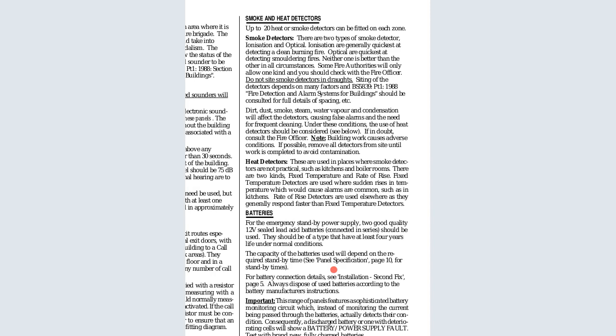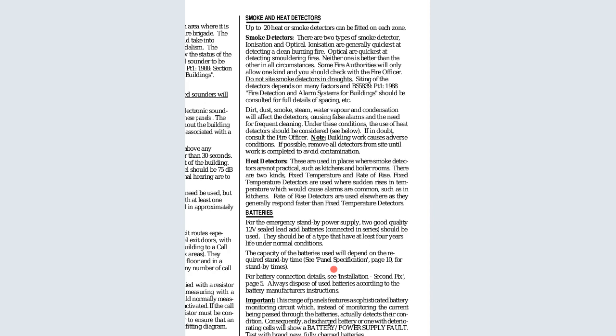The heat detectors are used in places where smoke detectors are not practical, such as kitchens. You cannot use smoke detectors in kitchens because kitchens normally have smoke, and boiler rooms, which normally have smoke. So instead, we use heat detectors that are able to detect a change in level of heat. So there are two kinds.